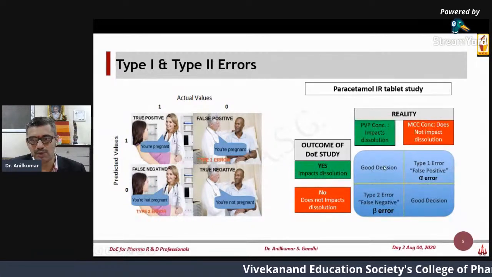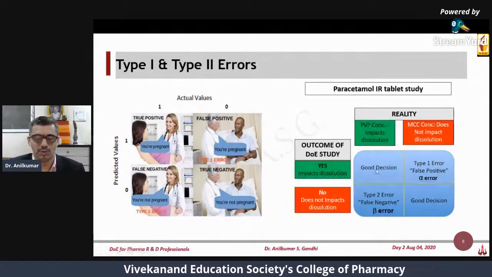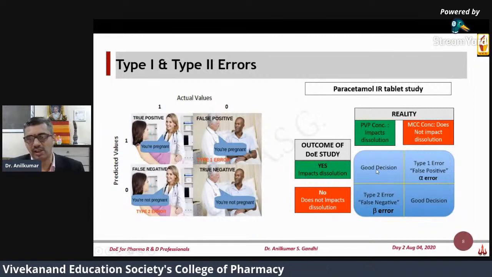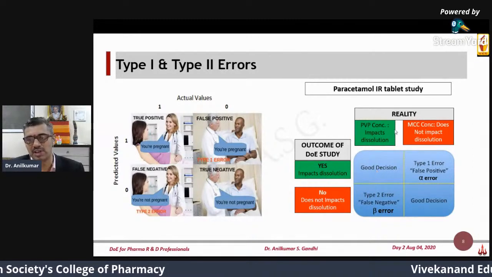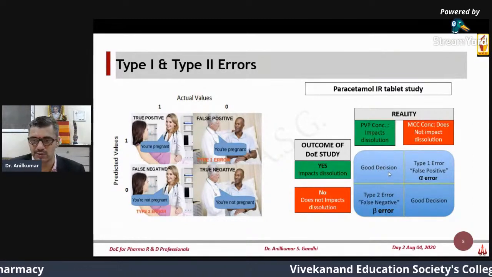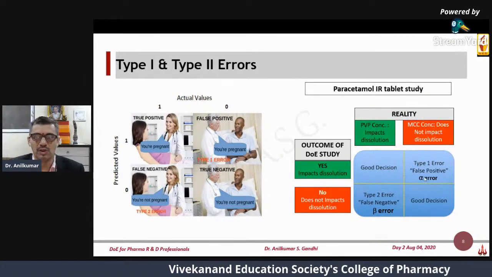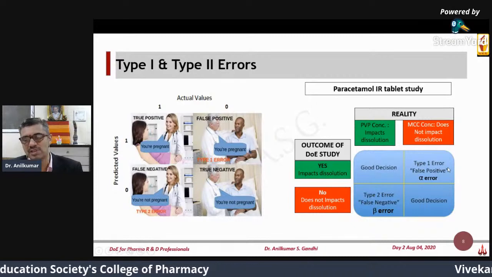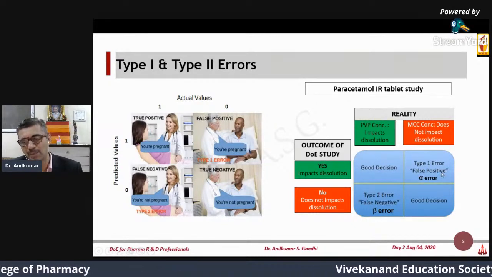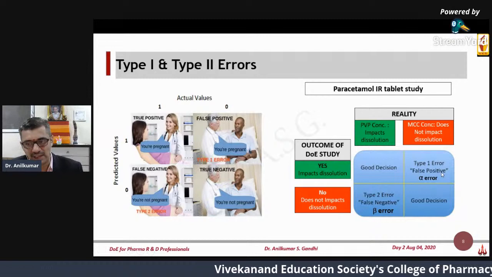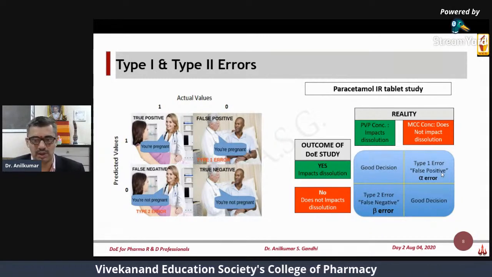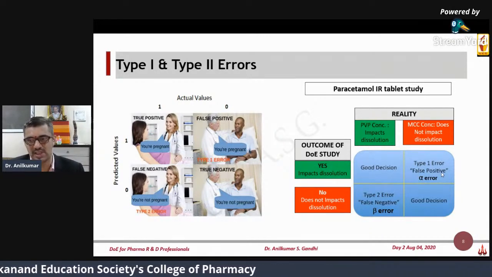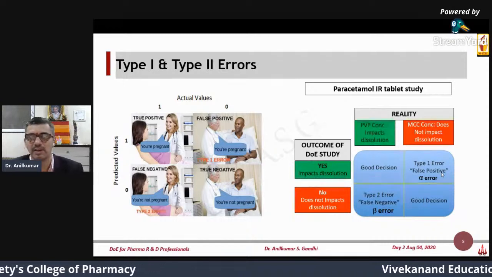So when we look at the PVP part, perfect. That's what it should be technically, and in reality, PVP does impact the dissolution. So it's a good decision. But you get yes also for MCC. If you do get yes for MCC, then you've committed a type 1 error, like we said that the man also became pregnant. So it's a similar analogy.